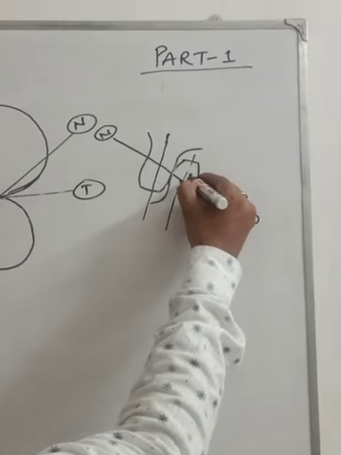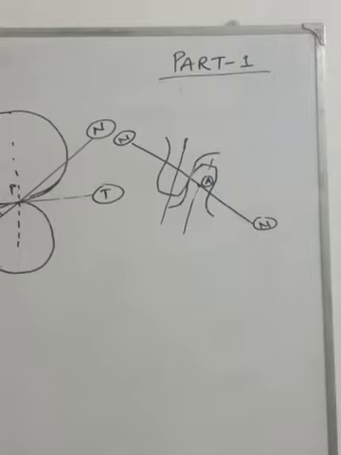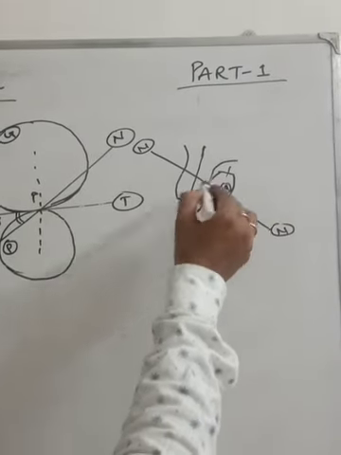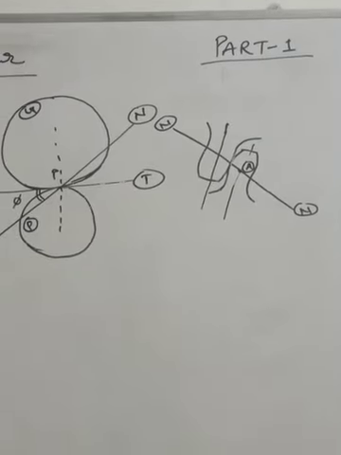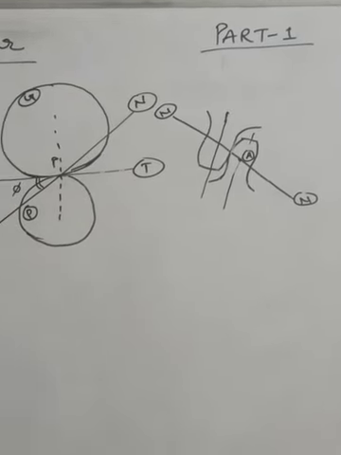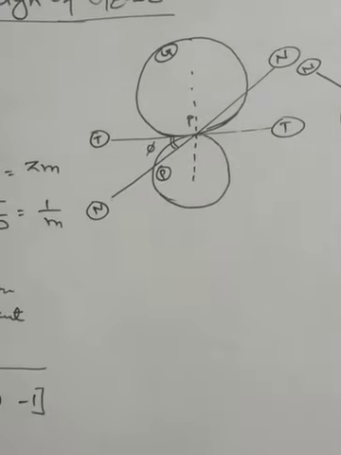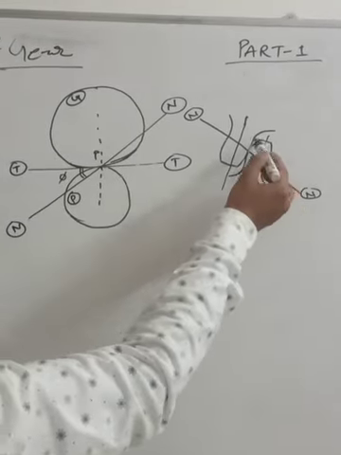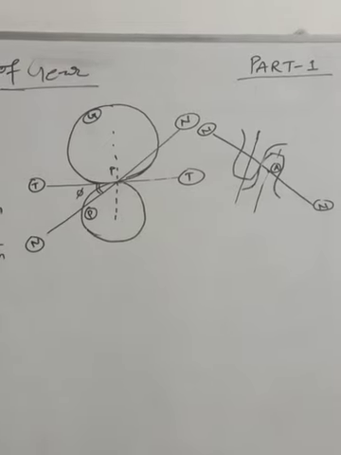Let us assume this point is A, the intersection of this common normal and the line of action of this gear tooth. This concept is utilized in our spur gear designing. We have to design this tooth of the spur gear.